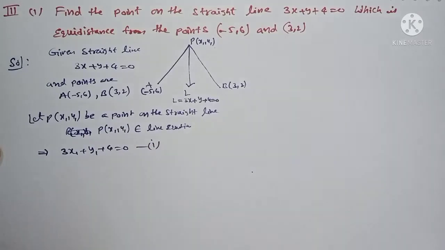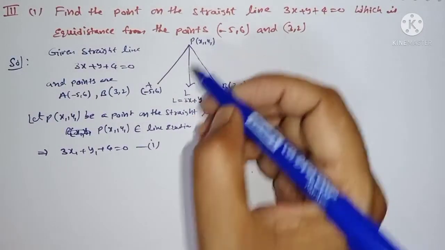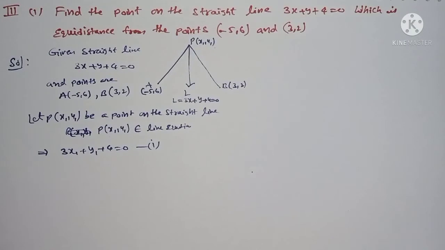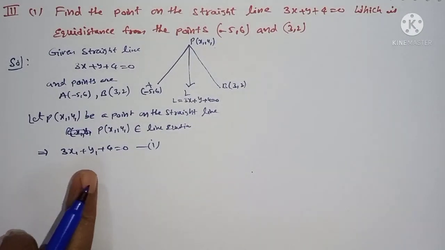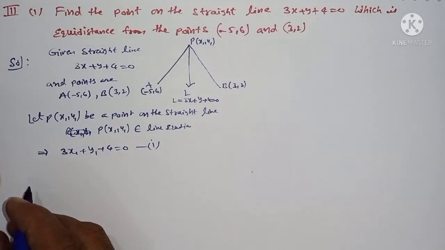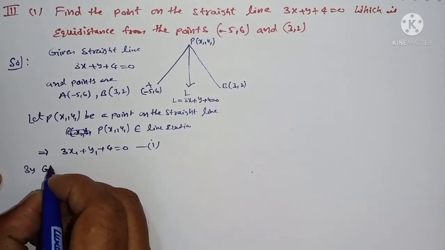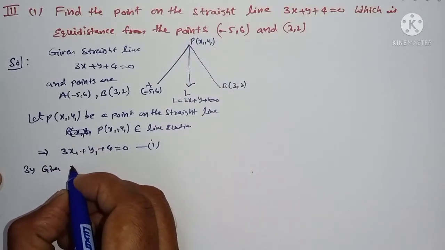Call this equation number 1. Since P(x1, y1) lies on the line, 3x1 + y1 + 4 = 0. And one more condition is given by the problem: equidistance.